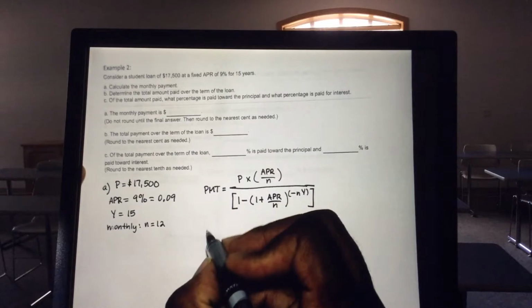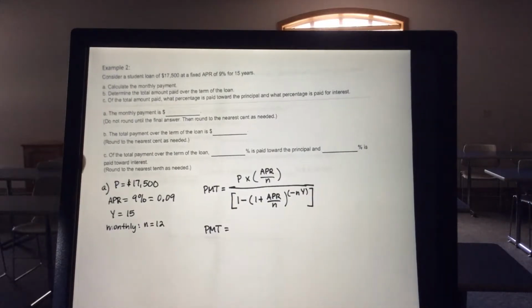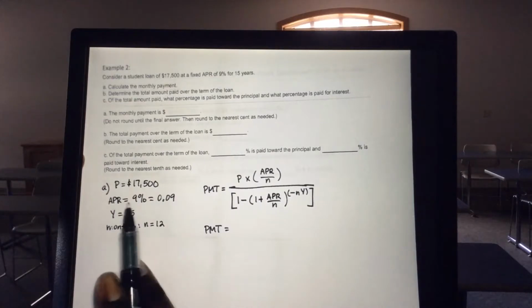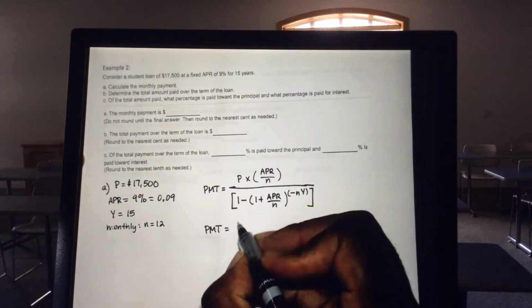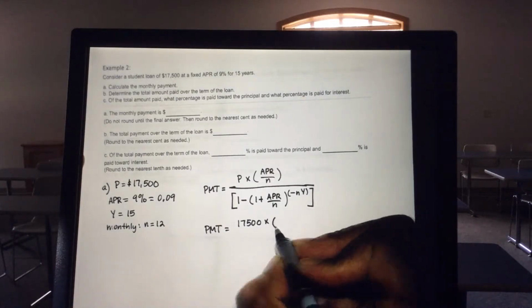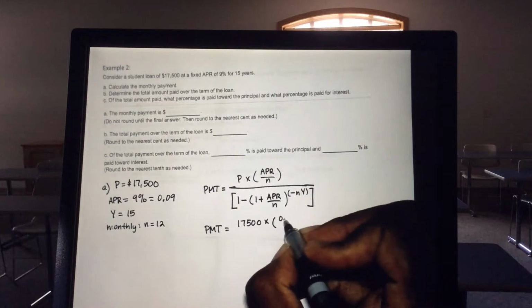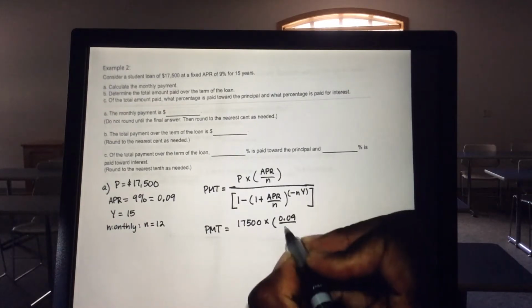So in this case here, the payment is equal to, P is 17,500. So just substitute. Times your APR, which is 0.09, divided by N, that's 12.